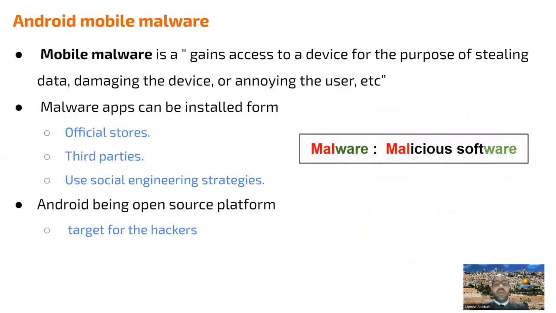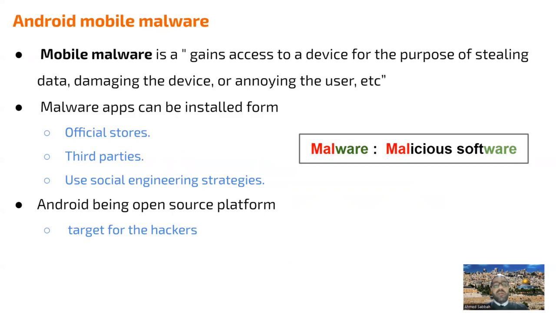Now, what is malware? Malware is malicious software. Mobile malware gains access to the device for the purpose of stealing data, damaging the device, or annoying the user. A malware app can be installed on the Android system from an official store such as the Google Play Store, and from third parties.